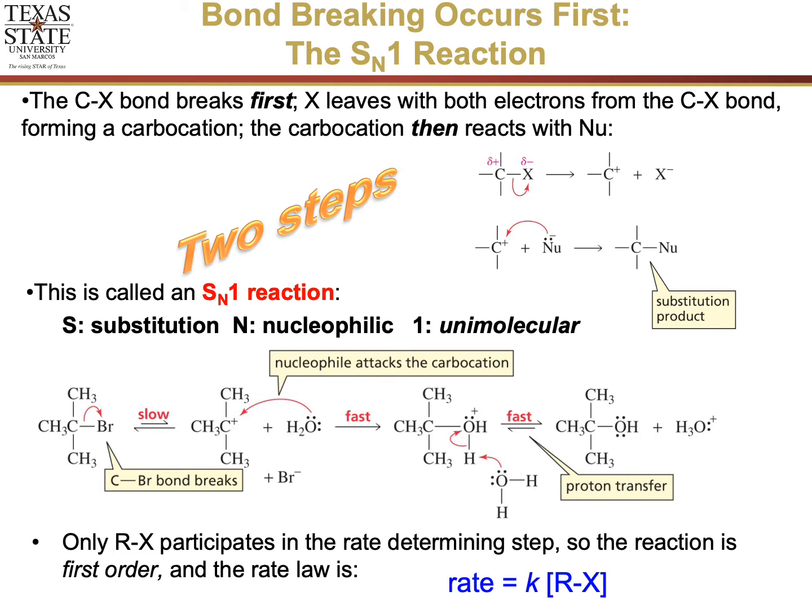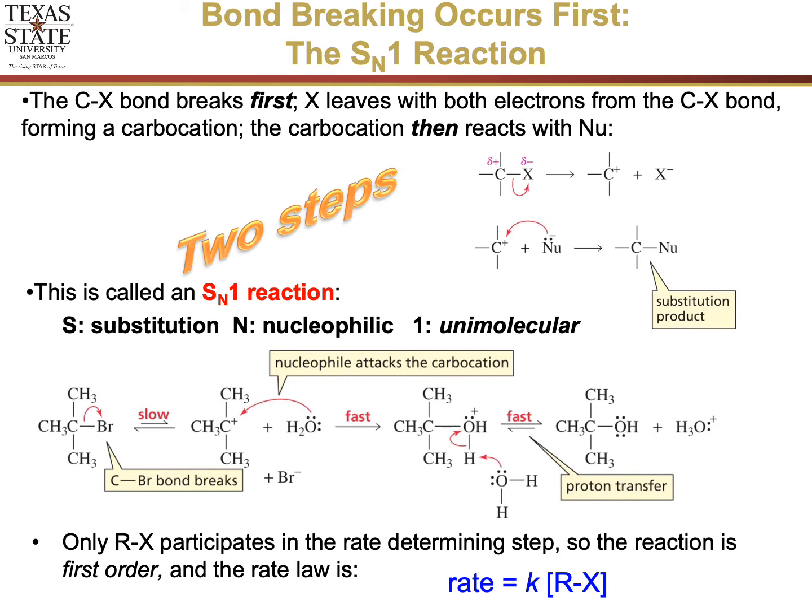So the first step is the slow step. That's the breaking of the carbon halide bond to create the carbocation. Now the carbocation will convert into an sp2 hybridized planar structure and have the empty p orbital above and below the plane. The next step that happens is what we call the fast step.